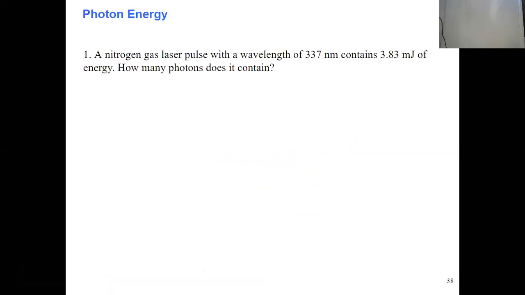Let's look at an example of what we would do with a question asking about some of these things. A nitrogen gas laser pulse with a wavelength of 337 nanometers contains 3.83 millijoules of energy. How many photons does it contain? The first thing you want to do is ask yourself, what do I need to find out and what do I already know?